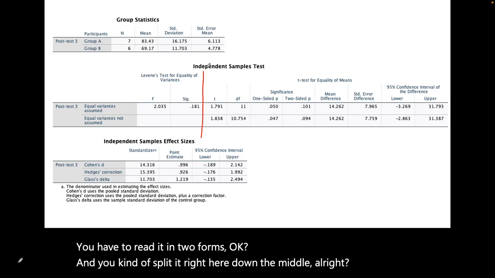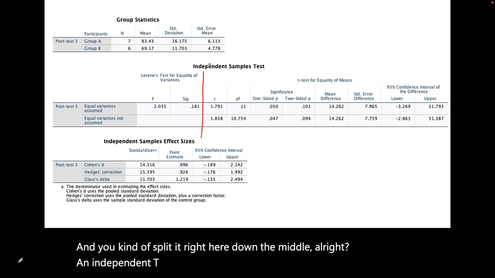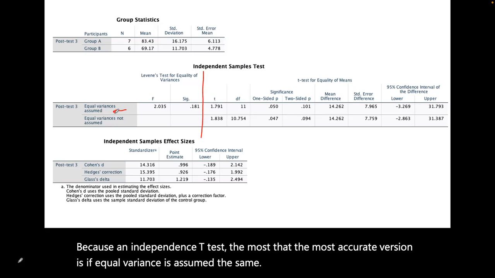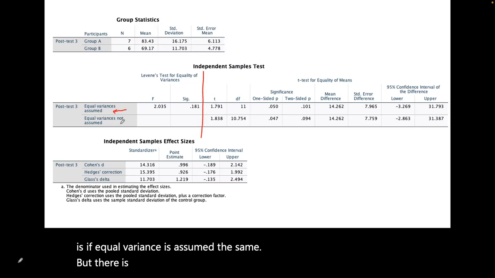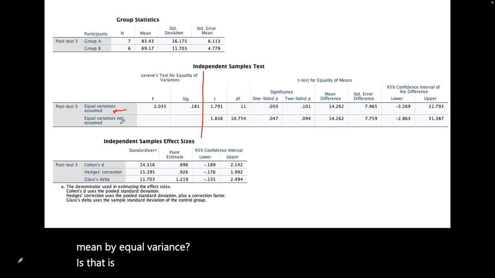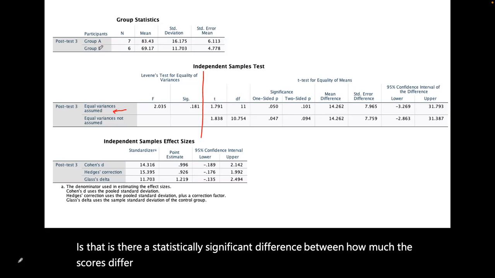Because for an independent t-test, the most accurate version is if equal variance is assumed. But there is another test when you don't have equal variance. Now, what I mean by equal variance is, is there a statistically significant difference between how much the scores differ in group A versus group B, okay?